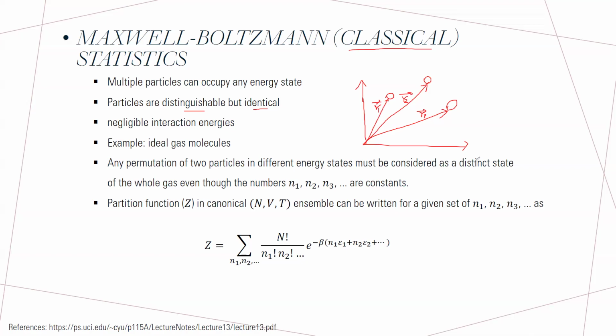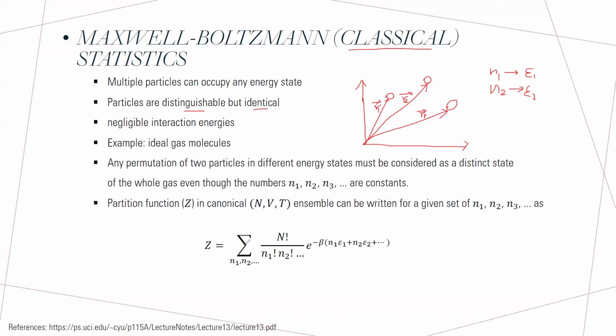Here N1 means the number of particles at the energy state with energy epsilon 1, and N2 is the number of particles at the energy state with energy epsilon 2. Likewise, we have a set of n values related to each energy state.